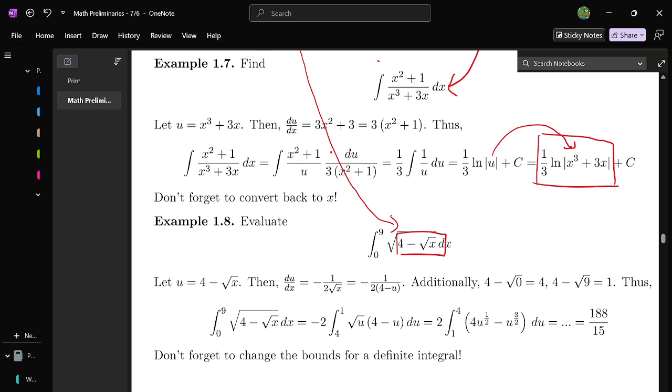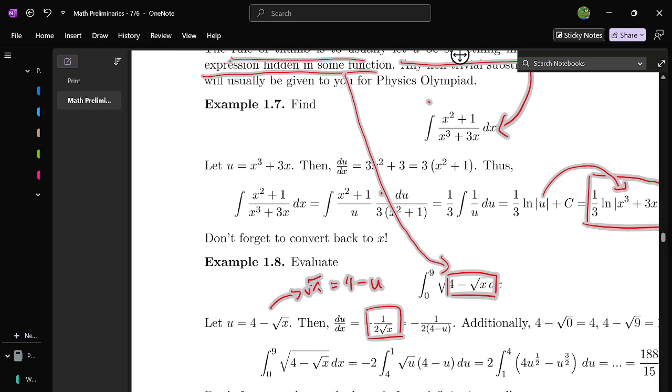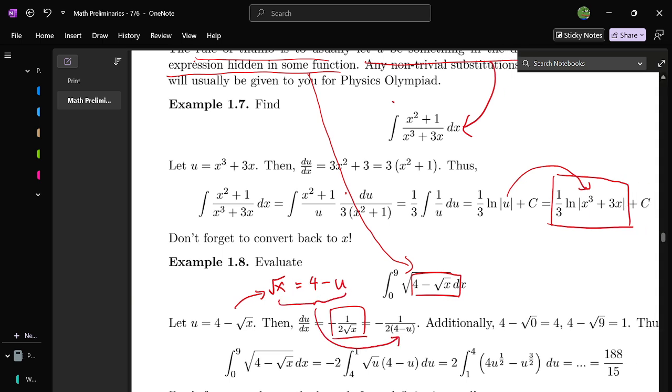And with that, you notice that you get something here. But you also realize that from your choice of u, square root x is just this. Which means that you can substitute this back in here and you get that.